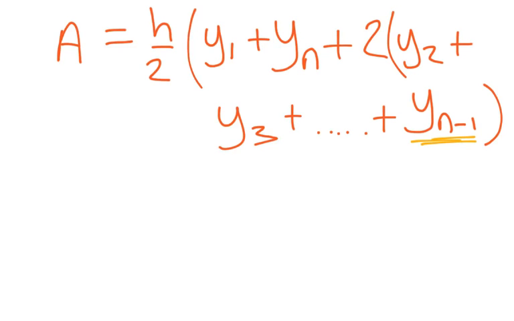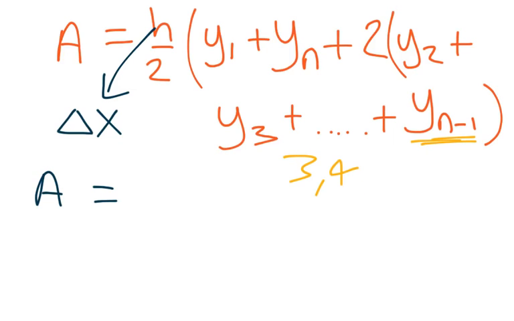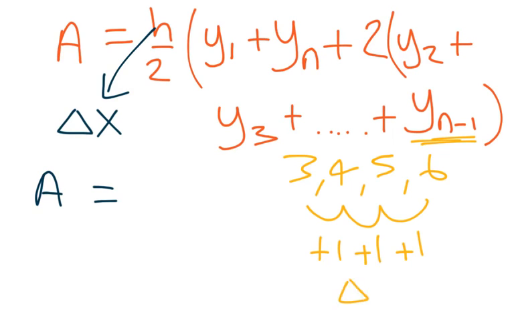So when we sub in our values from the table, we have a equals, and h here is going to be the change in x, and our x terms are 3, 4, 5, 6, so the change is just plus 1, plus 1, plus 1, so change of x is equal to 1.